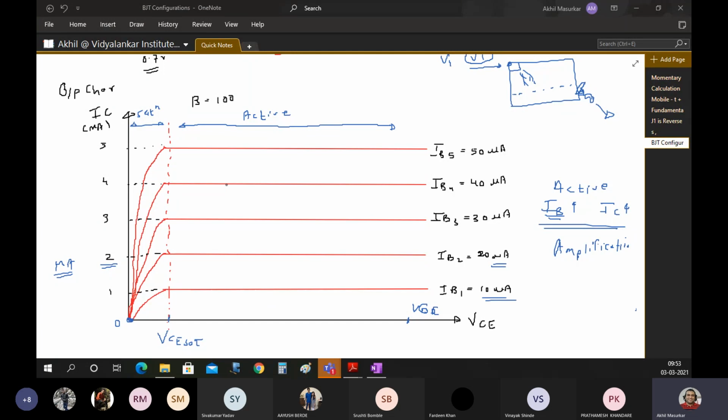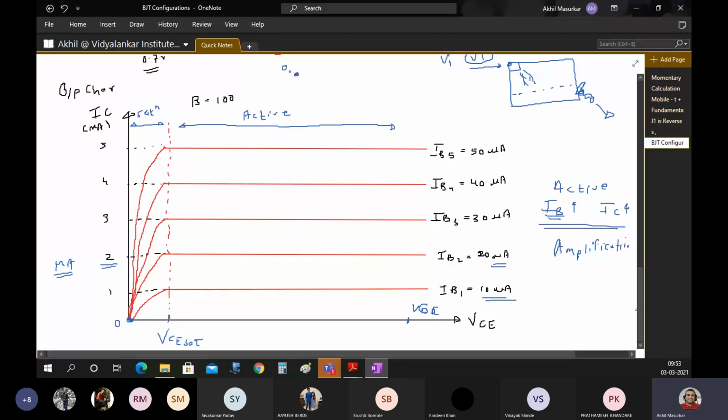So if you want, I'll just explain this part a little bit again. VCE starts from 0 and maximum it can go up to, let us say, VCC. In between it encounters something called VCE sat, and this particular region divides the characteristics into two regions, which you can see here also.